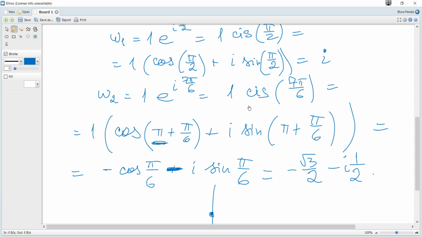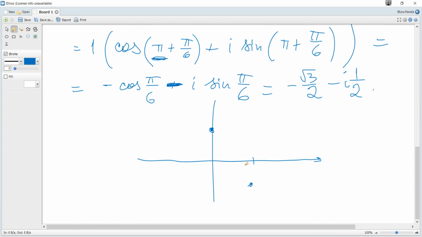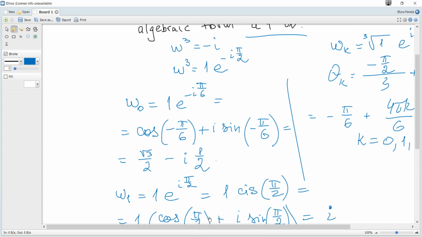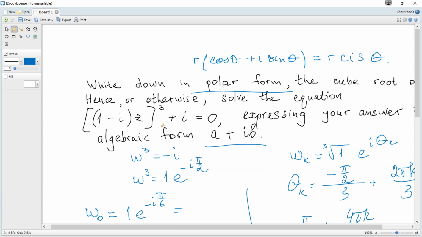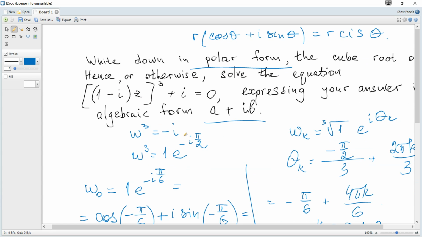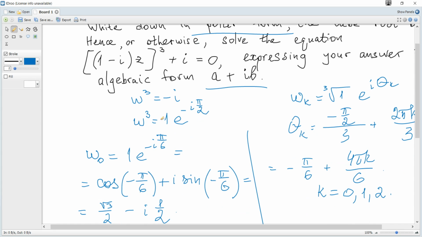So let's continue. We need to solve what? 1 minus i times z cubed is negative i, hence 1 minus i multiplied by z will be equal to our solutions w 0, 1 and 2.